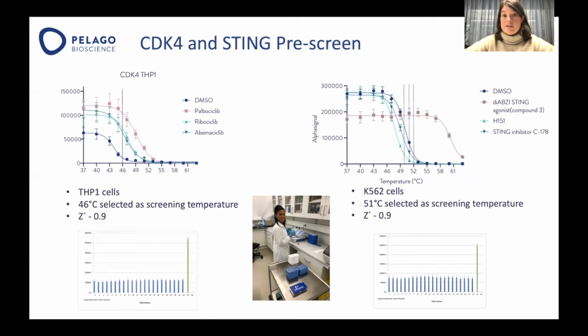Interestingly, the agonists were able to stabilize STING, whereas the two STING inhibitors, so the two antagonists, were destabilizing STING. 51 degrees was selected as the screening temperature, because we thought we would be able to both pick up hits that stabilize STING at this temperature, at the same time as capturing hits that would destabilize the protein. This was also a robust assay, and the Z prime was 0.9 for the pre-screen.